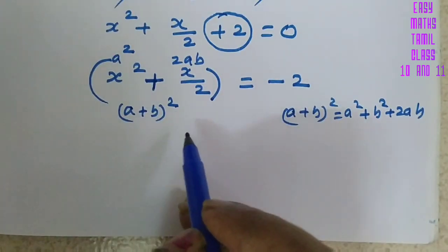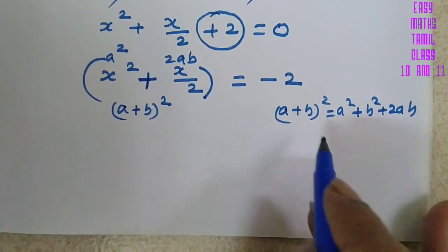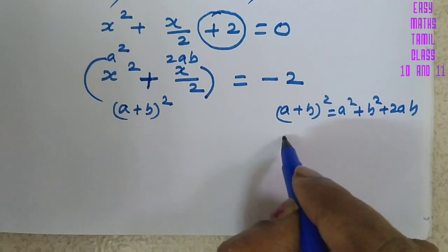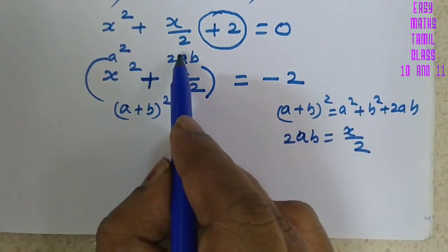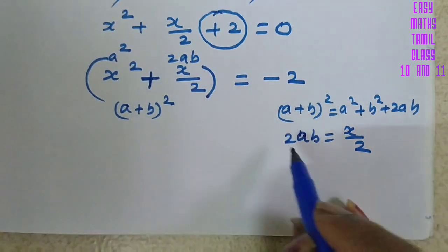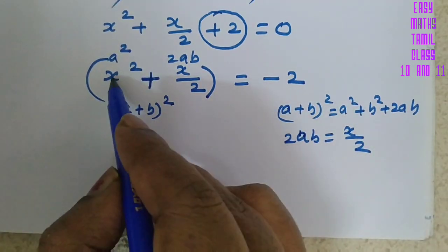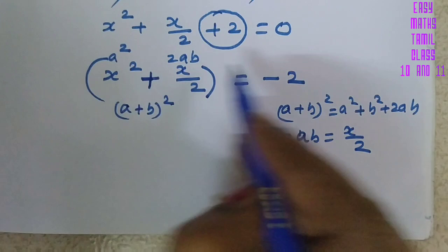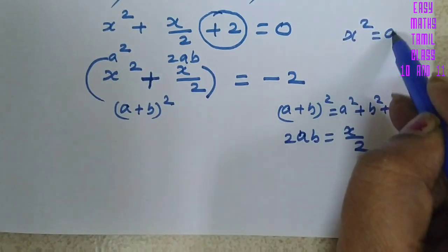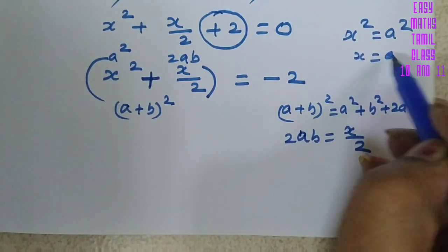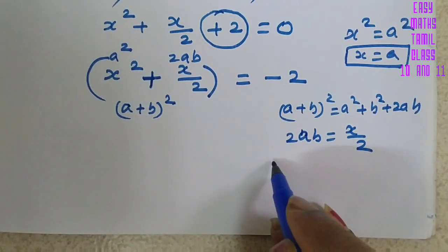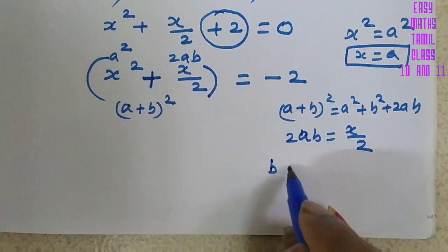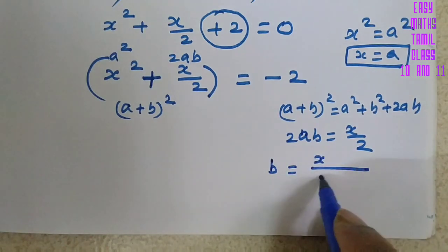Now we have to find the value of b square. So 2ab equal to x by 2. x square equal to a square, so x is equal to a. 2ab equal to x by 2, the value of b equal to x divided by 2.